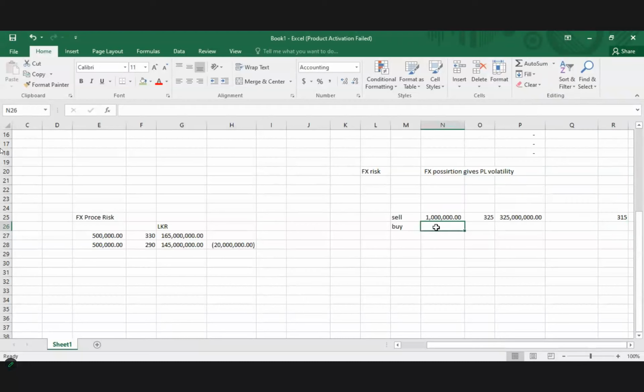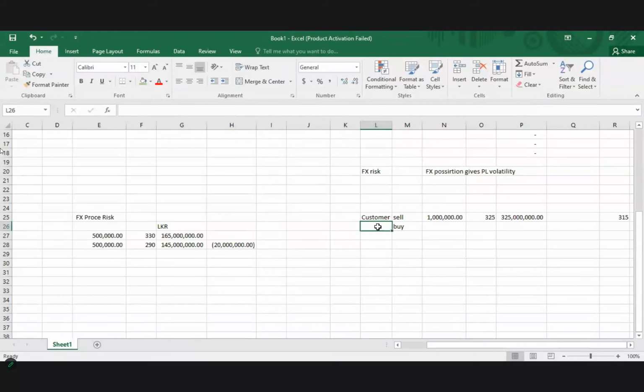When I basically want to buy that back from the market, so this is a customer transaction, let's say. I want to buy it back, I go to interbank, right? To buy this 1 million. The market is very liquid, right? So therefore, I'm able to buy it at 315 itself.